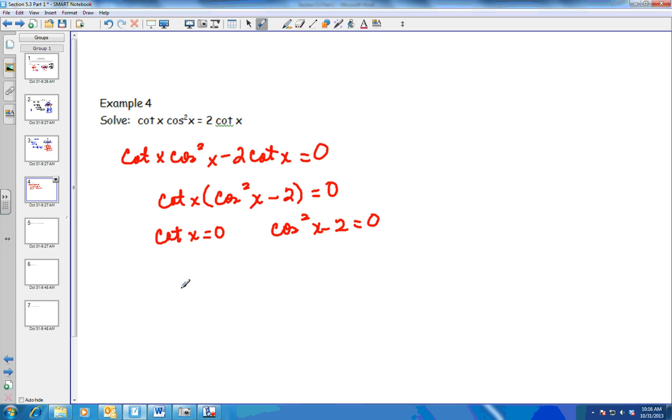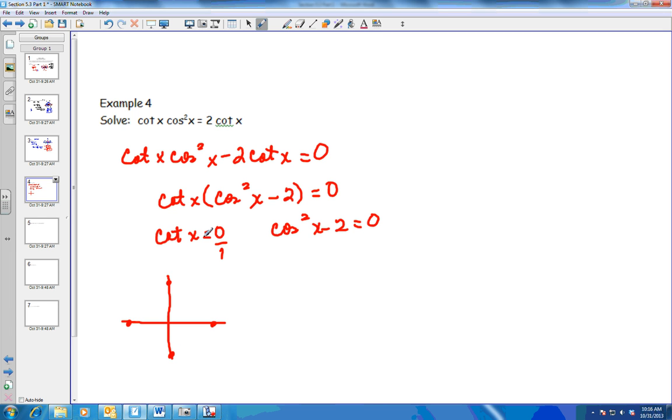Okay, so let's look at cotangent x. Where is cotangent x equal to 0? Okay, well, first of all, I know this is 0 over 1. I know I can't draw a triangle because I can't draw a triangle with a side length of 0. And so this must occur at one of my quadrantal angles.